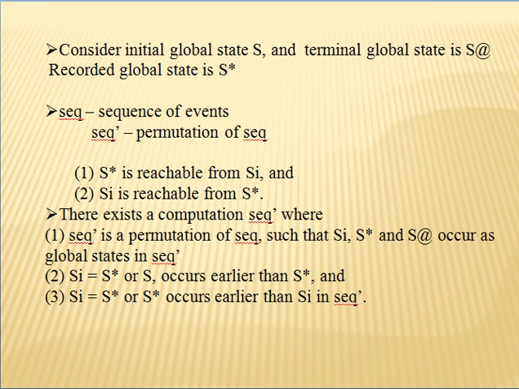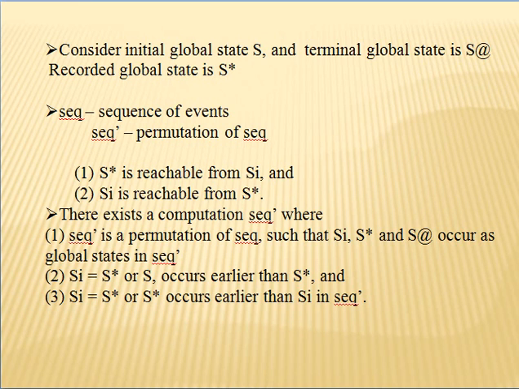Now let's talk about the pre-recording and post-recording events. An event Ei in the sequence is called a pre-recording event if Ei is in process P and P records its state after Ei in the sequence.